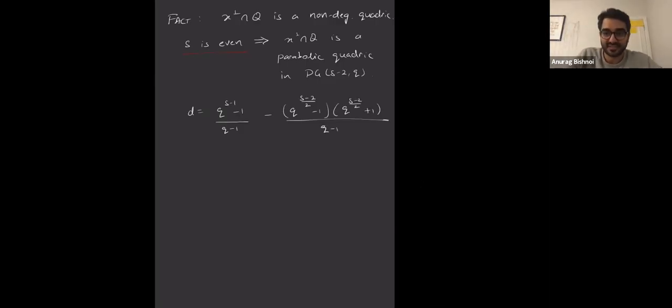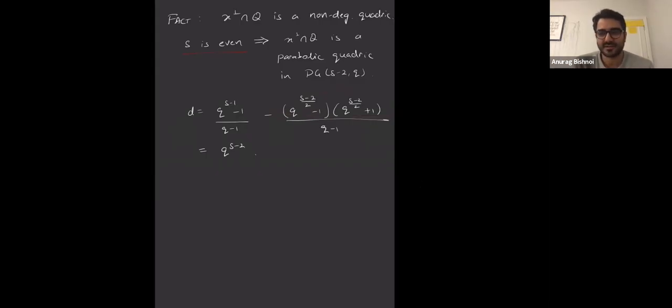This follows from the previous lectures where we actually computed the number of points on any non-degenerate quadric. So this turns out to be exactly equal to Q to the S minus 2. If you just simplify things, right? This becomes Q to the S minus 2 minus 1 when you multiply these two things, and then when you subtract, that's the factor you get.